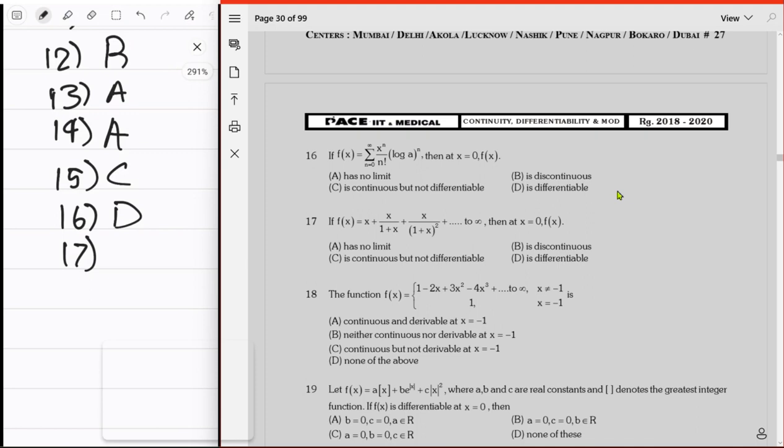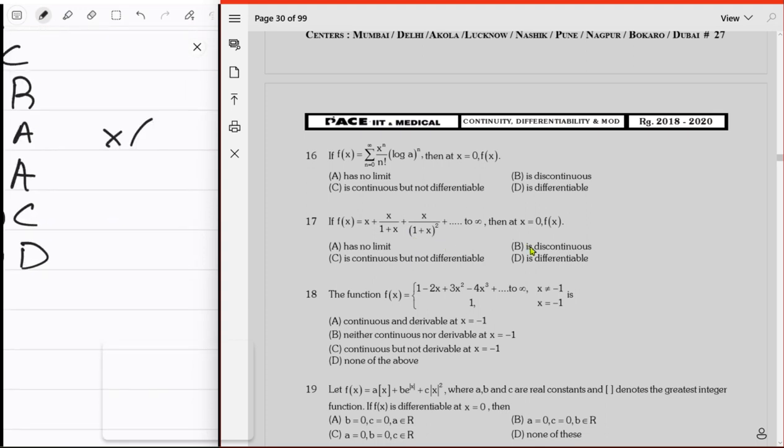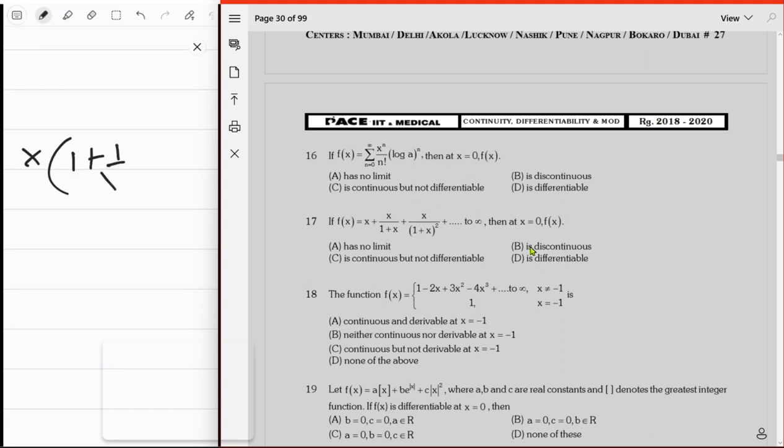17th. f of x is this thing, x plus x upon... Isn't that like a GP though? Just take x common. You've got this thing 1 plus 1 upon x. Yeah, whatever. You get the thing, like 1 upon 1 plus x. So x is what? This is like positive, negative. What's going on?